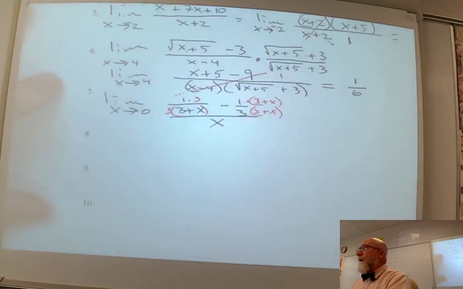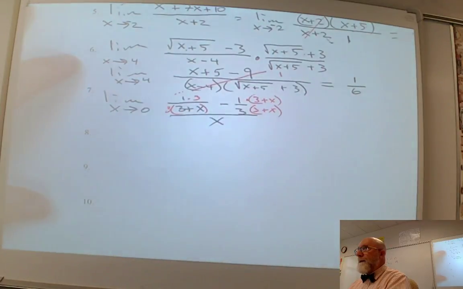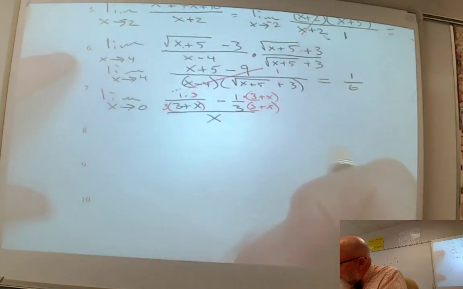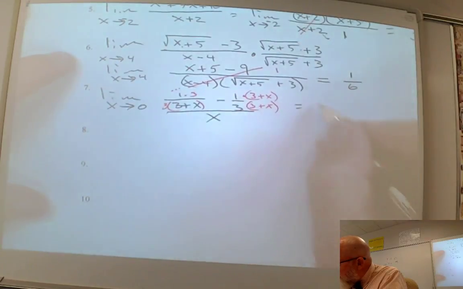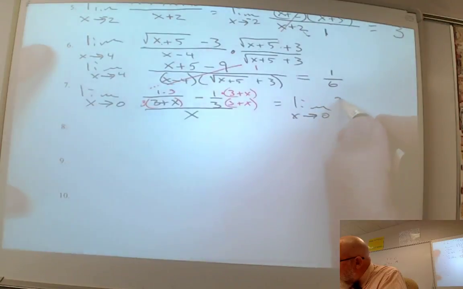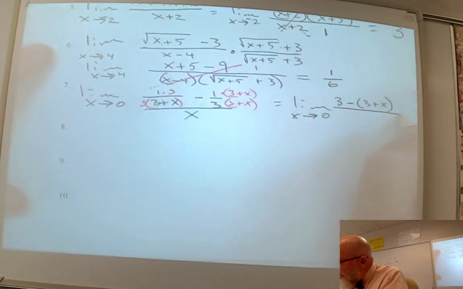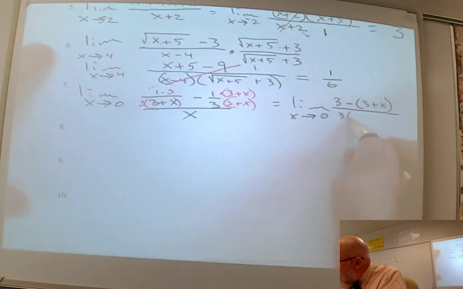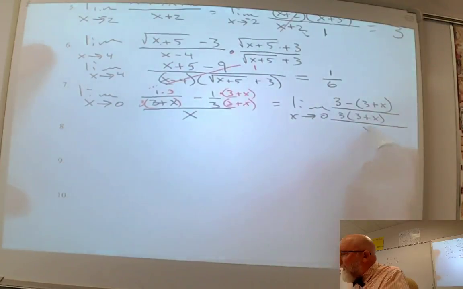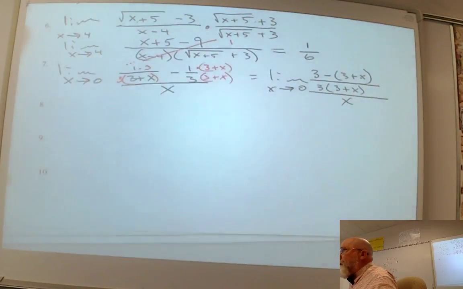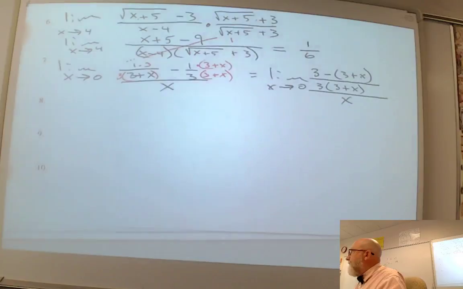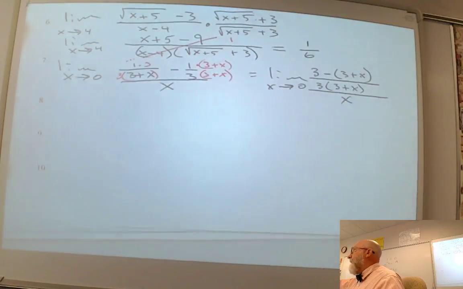So I'm going to get this equals the limit as x goes to 0 of 3 minus parentheses 3 plus x, over 3 times 3 plus x, over x. It got worse, not better. I'm going to make it better.